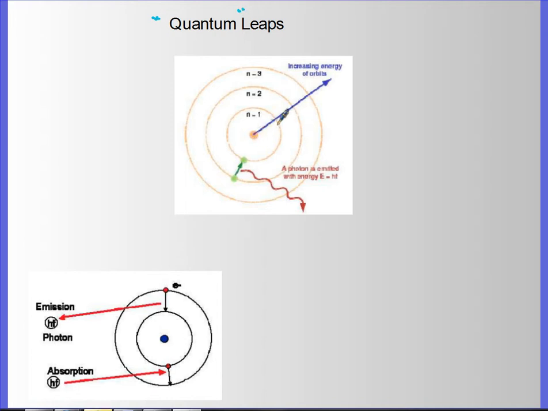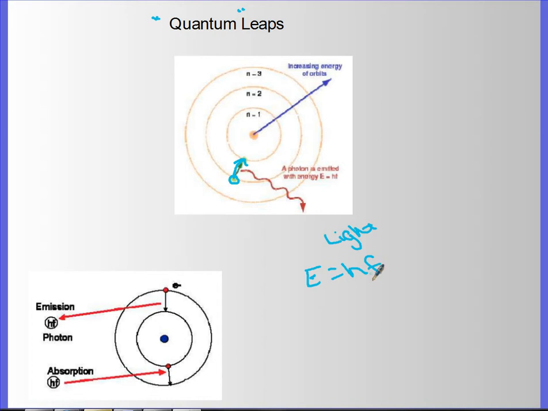Suppose we start at energy level 1 and we go up. A photon will be emitted if I go, say, from energy level 2 down to energy level 1. I'm going to get a photon, and if I get a photon, I see light. Remember, my energy is equal to hf.